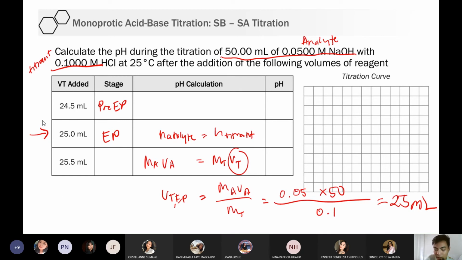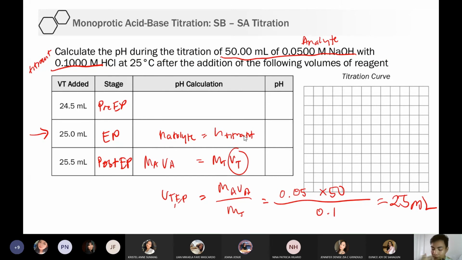Ito, lagpas 25. Edi ito ay post. Diba? So, yun yung una mong gagawin na. Bakit ko inuulit-ulit to? Kasi very vital to. Okay? Again, solve first for the volume of titrant at equivalence point using this equation.